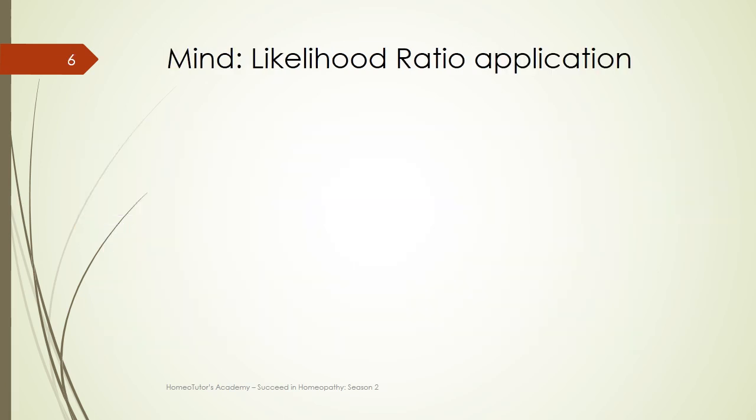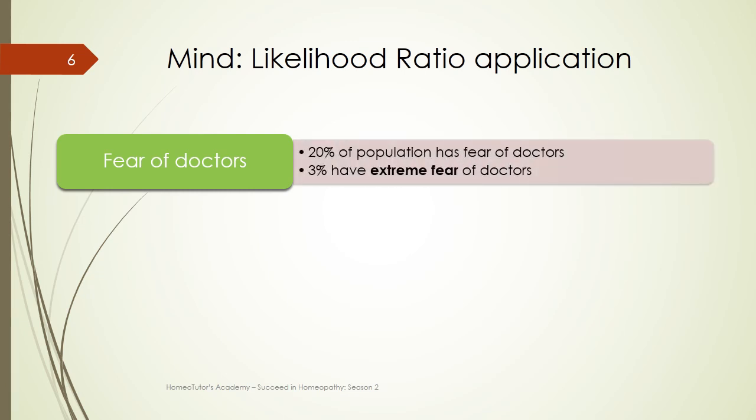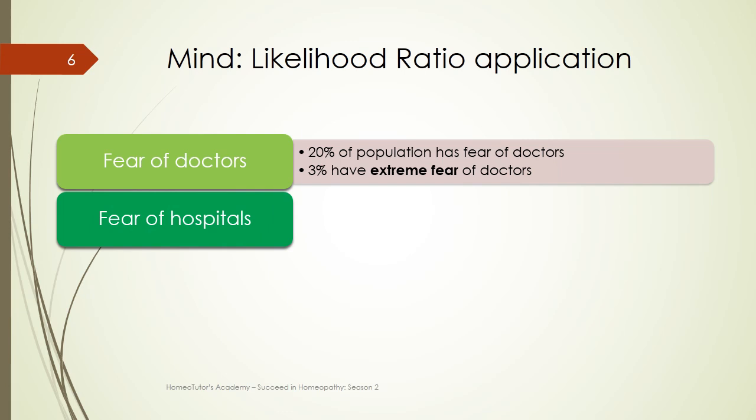Now let's look at the mind symptoms. Fear of doctors. Looking at it from the point of view of likelihood ratio, we find that 20% of the population has a fear of doctors, and in fact 3% of them have got an extreme fear of doctors. So that's a very small population, and the LR is apparently quite high and can be taken into consideration. Next comes fear of hospitals.